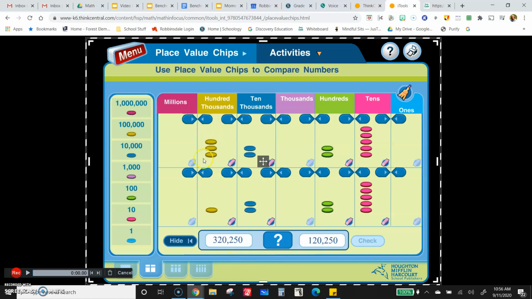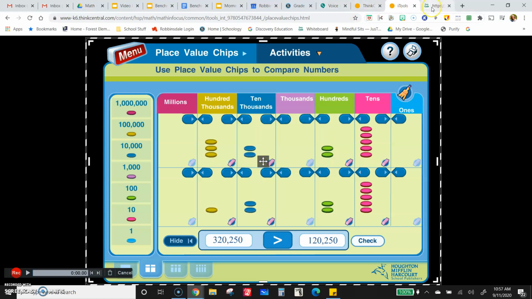If I look at my 300,000s as compared to my 100,000 down here, well, 3 is more than 1, so 320,000 is more, 120,000 is less. So there we go on that.